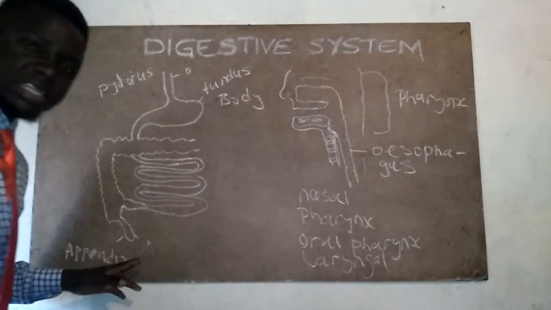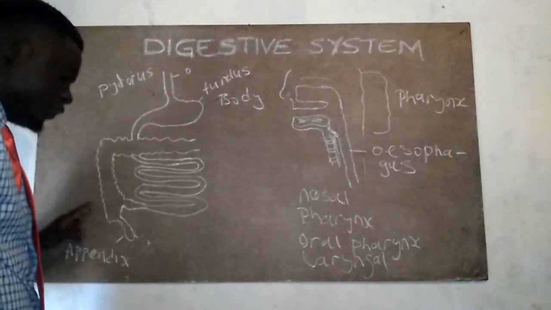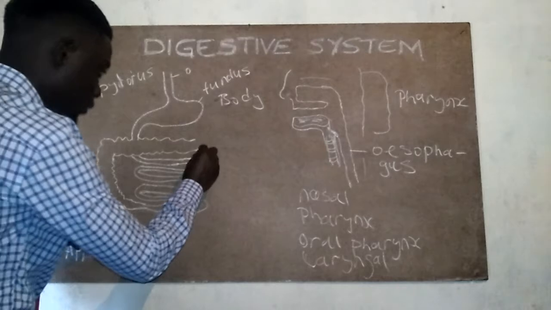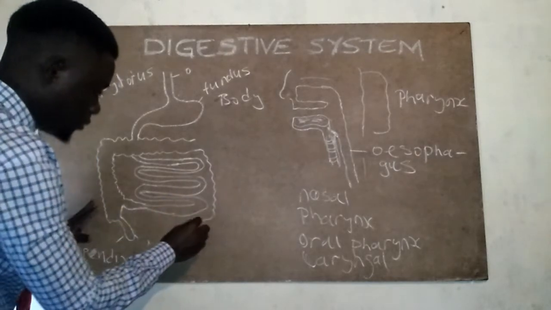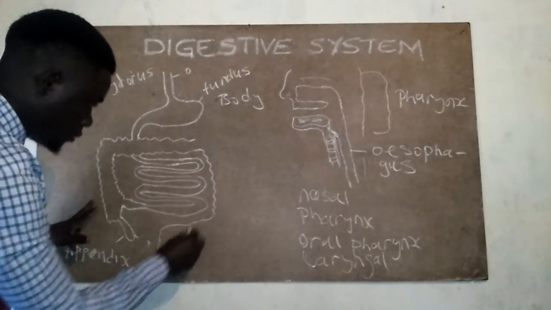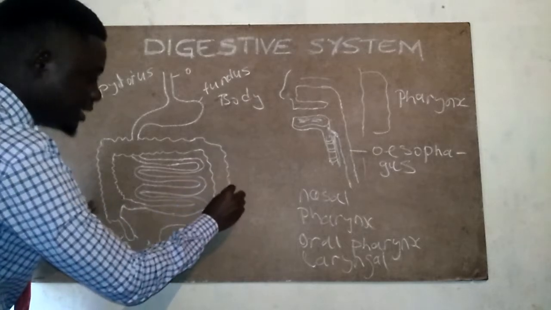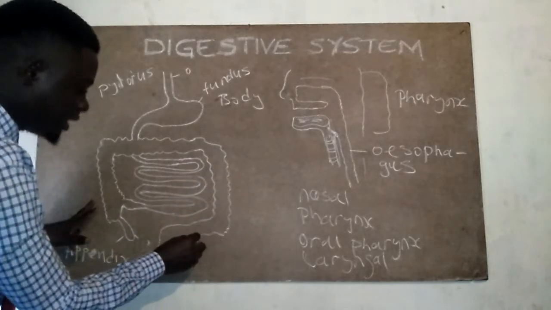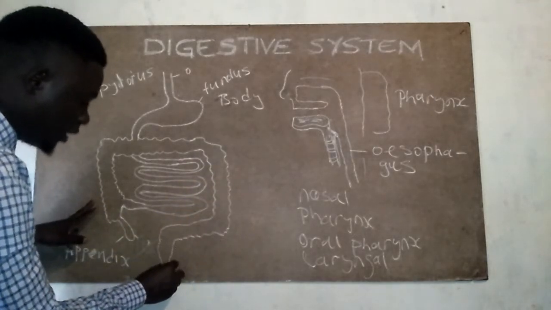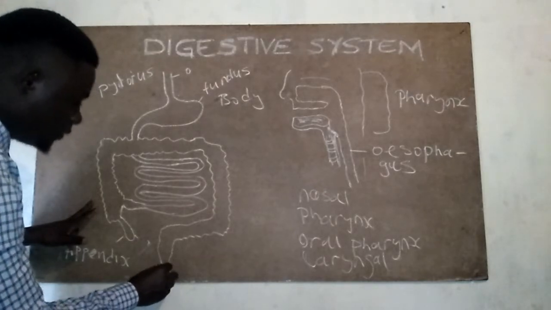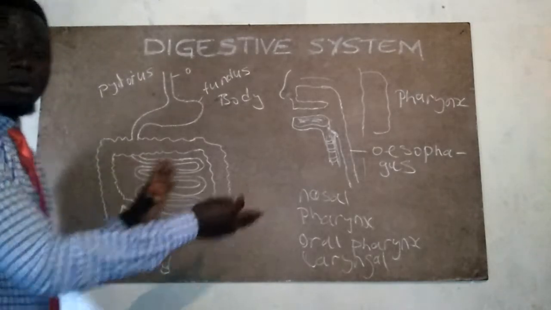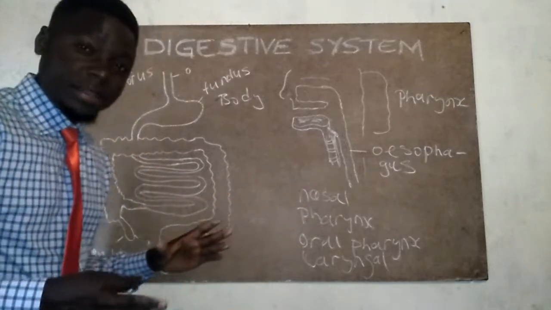So this is the appendix. We can see that we have the colon or the large intestine. It is going to go down there up until the level of the anus. So this is the complete alimentary canal.